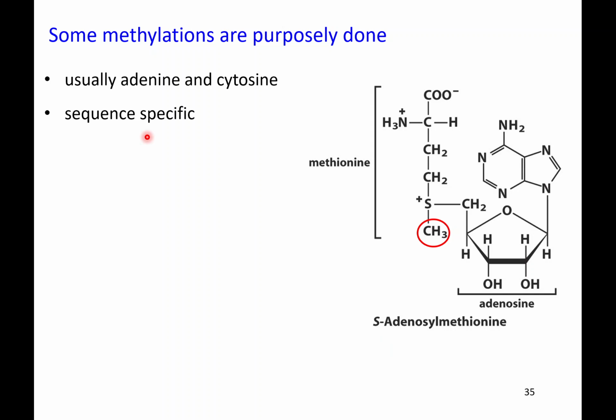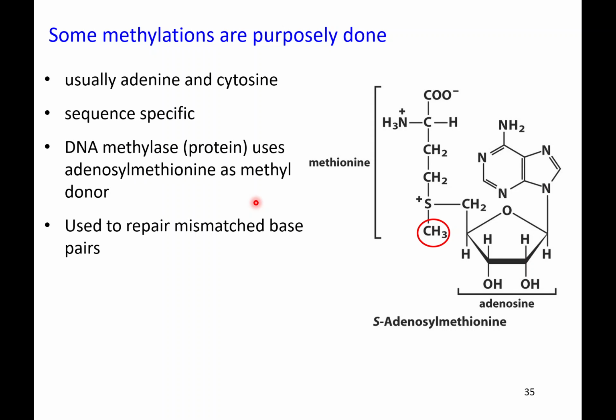These methylations that are purposely done usually occur on adenine and cytosine. They're sequence specific. DNA methylase is a protein that uses adenosyl methionine or SAM as a methyl donor. So this methyl group on SAM is used as a methyl donor to methylate other DNA at specific sequences.